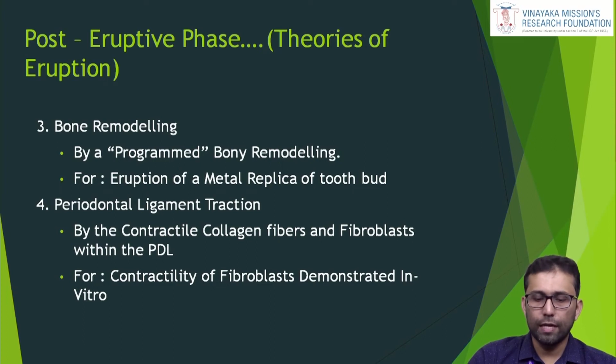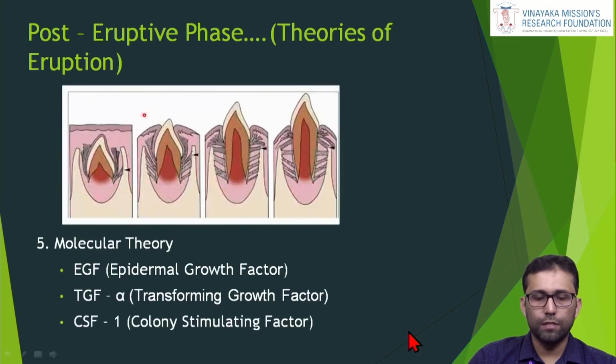So that is the periodontal ligament traction theory. In this picture you can see the periodontal ligaments present on the mesial and distal as well as at the periphery of the tooth, which will result in the traction of the tooth, and the tooth moves in the occlusal direction. The last theory is somewhat different from all these theories.